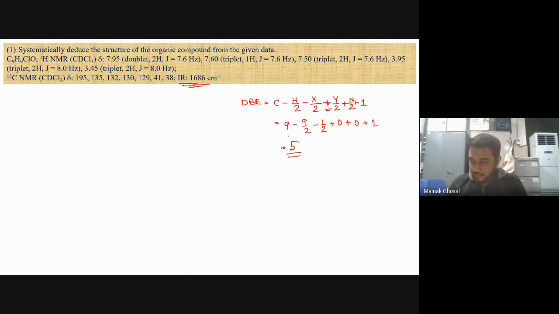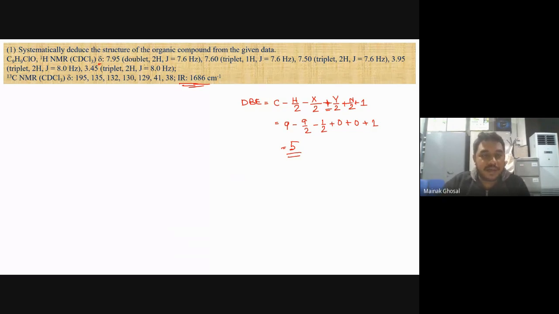So now you need to see what your NMR data suggests. Has anyone solved this question? Okay, we should go one by one.